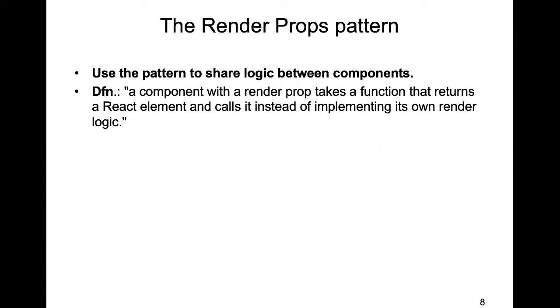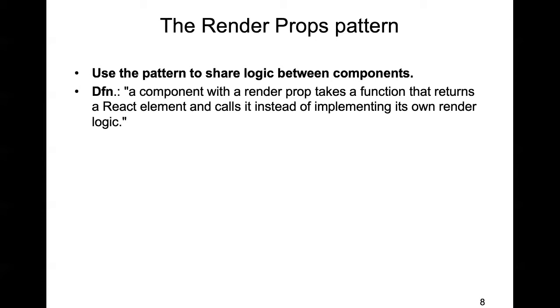The way we used a function as a prop was when a subordinate component needed to tell a superordinate component that an event had occurred, like the user clicking on something or moving something. The superordinate component provided a function to the subordinate component so that it could call that function, and typically in the function the superordinate component carried out some sort of state change. But it was this idea of passing a function down to a subordinate.